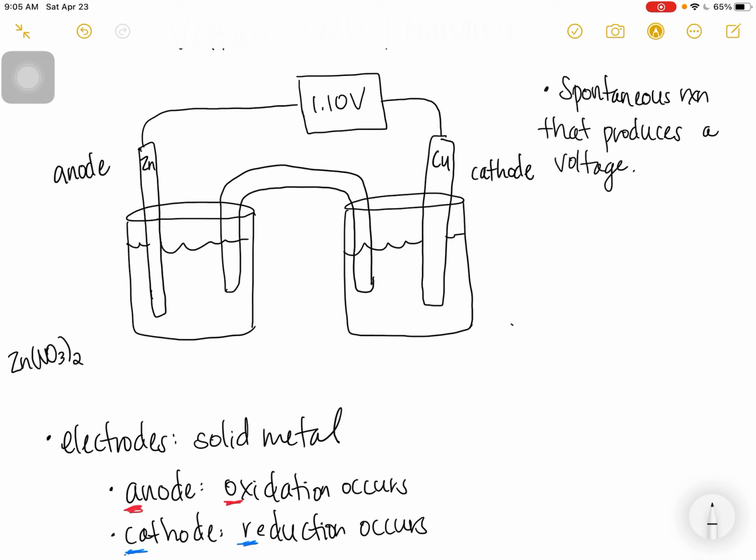So a lot of times, we use nitrates because we know nitrates are soluble. Okay, and so this beaker would be a solution of copper nitrate, and this beaker would be a solution of zinc nitrate. Now your picture has shown it ionized, and it's a little bit confusing because of the nitrate ions, but your picture is showing you that they're in there.